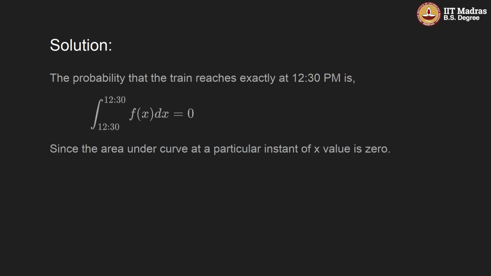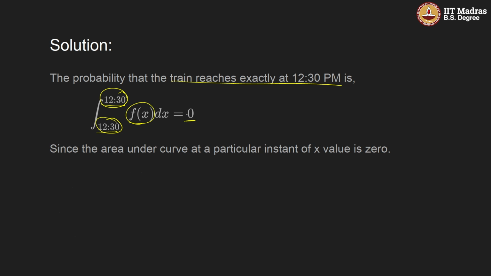So let's look into the solution. The probability that the train reaches exactly at 12:30 would be found by integrating the PDF from 12:30 to 12:30 only, because we need the probability at that exact time. If we are integrating over only one number, the integration will be equal to 0.